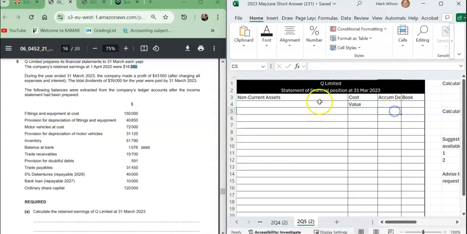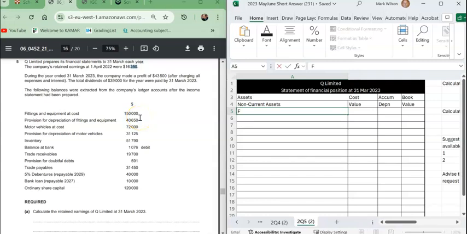I'll just add a bit of space here, maybe call that assets. And that way we can call that book value. So what we're looking for along here is things that are at cost, which is great because I've got two things written at cost. And these are our non-current assets.